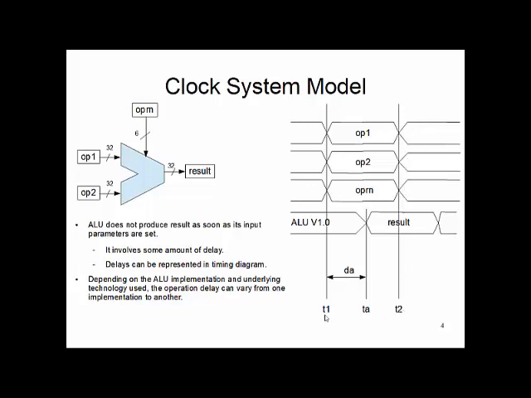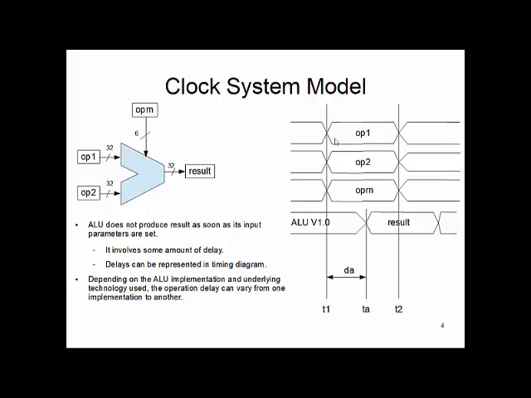So at T1 we start the operation, or we establish or send the operation and operands to the ALU, and then after some delay amount dA, that is T1 plus dA, which is time point TA, at that time point the ALU evaluates this operation and presents the result to us. So that is the delay.